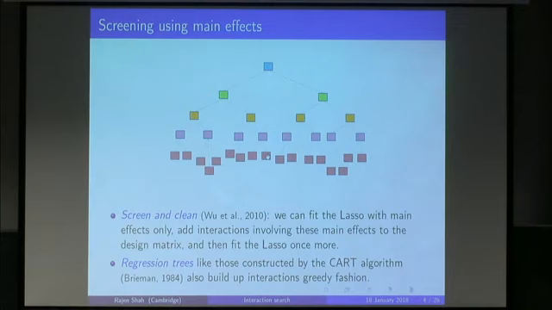They'll first find the variable that gives the best split, and then as you go down the tree, all other nodes in the tree correspond to interactions involving that first main effect. So they always require lower order interactions to be informative in order for them to consider a higher order interaction.